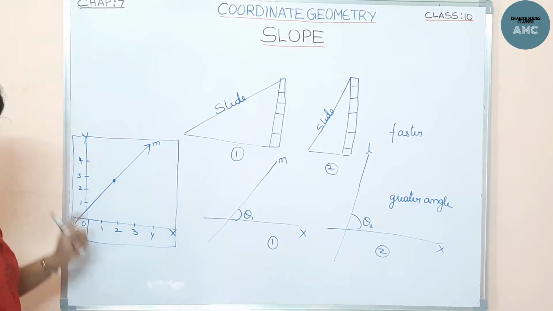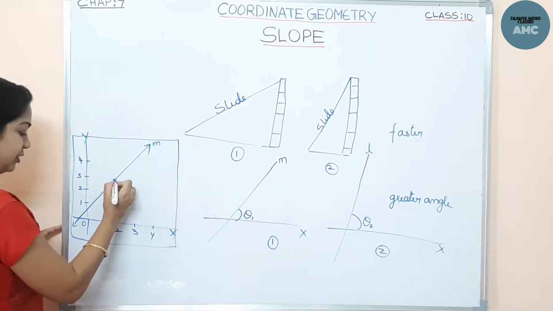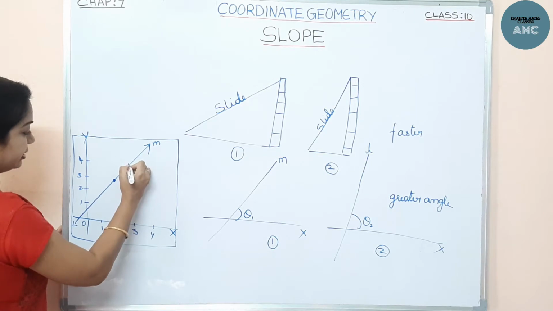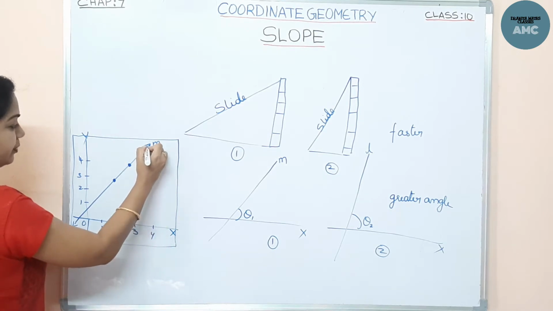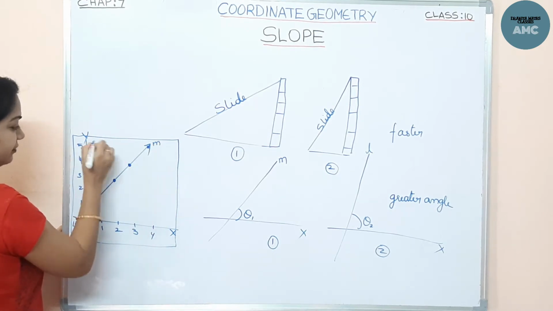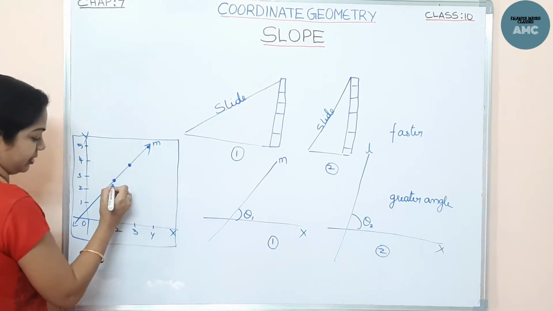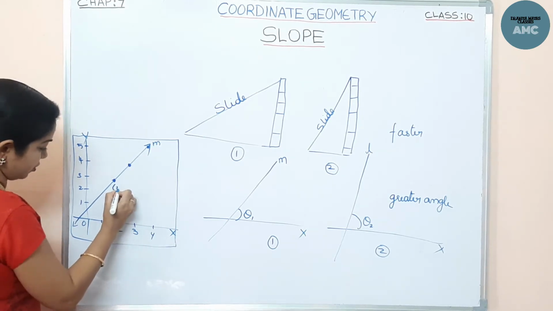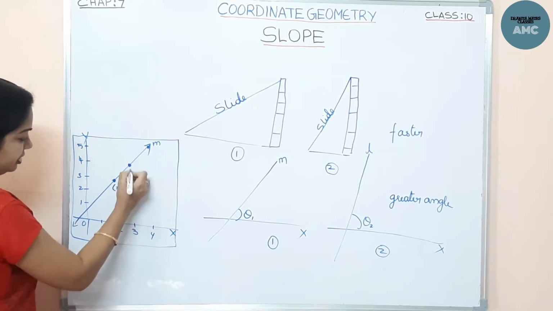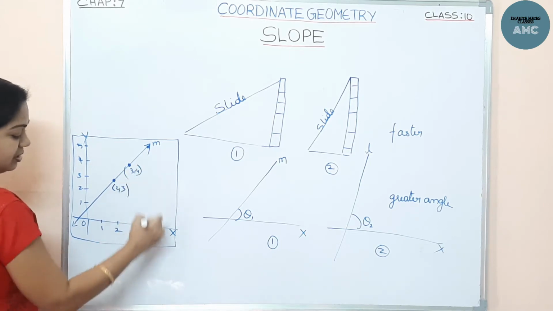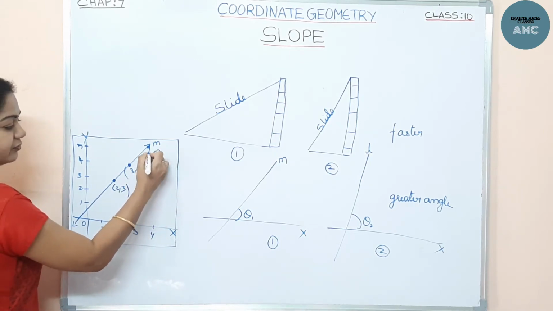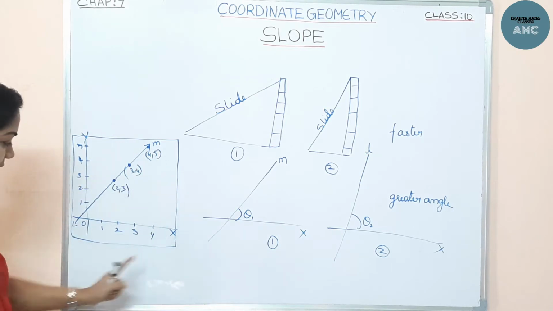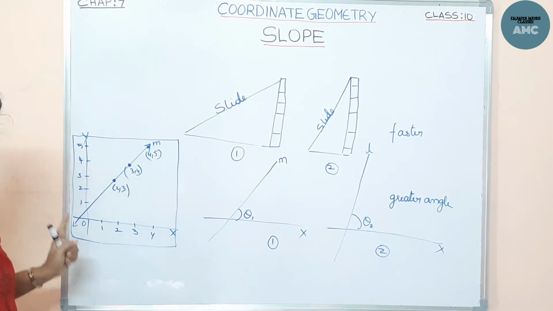Let me plot a point on this line. See this point, and again another point here, and another point here. Now this is 5. Now see these 3 points: this is 2, 3, this is 3, 4, this is 4, 5. So in the coordinate plane, I have taken a straight line.